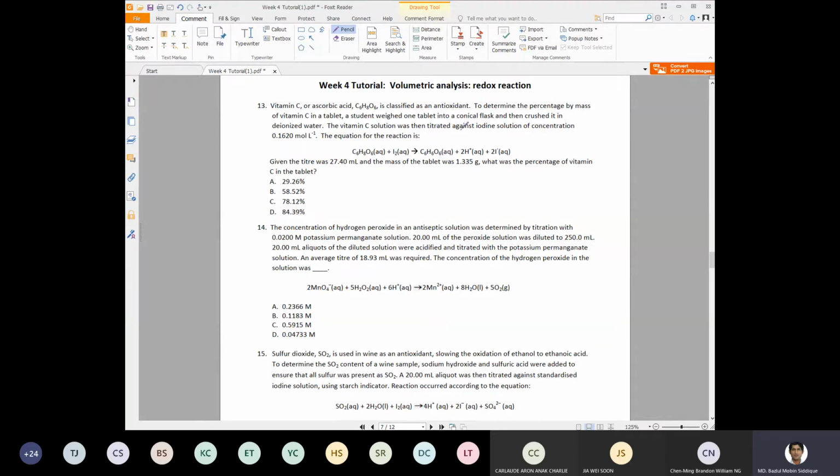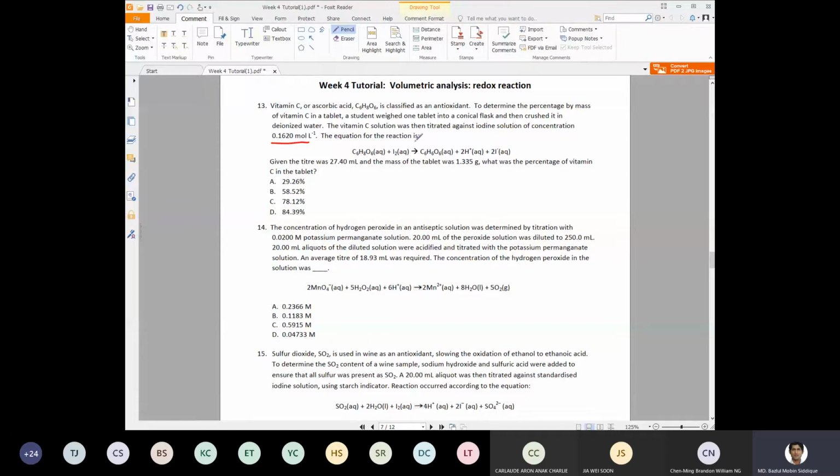The vitamin C was then titrated against iodine solution of concentration 0.1 molar. So the iodine concentration is given, and I think we will get the volume later to find the number of moles.